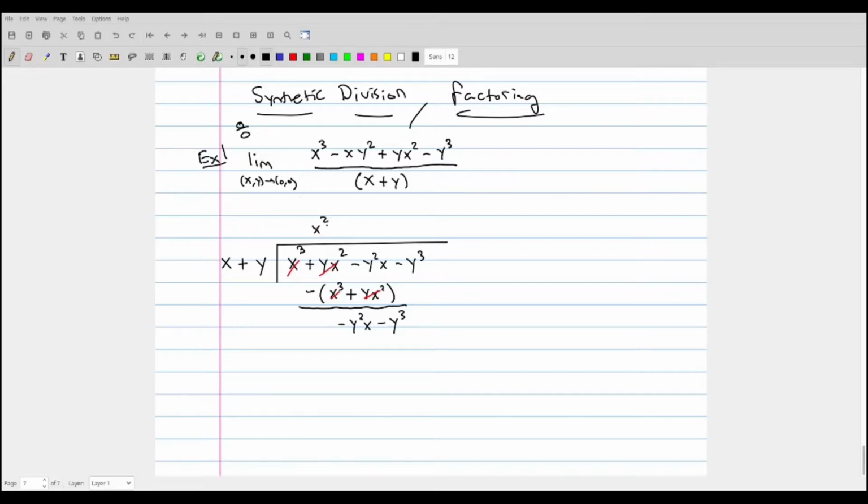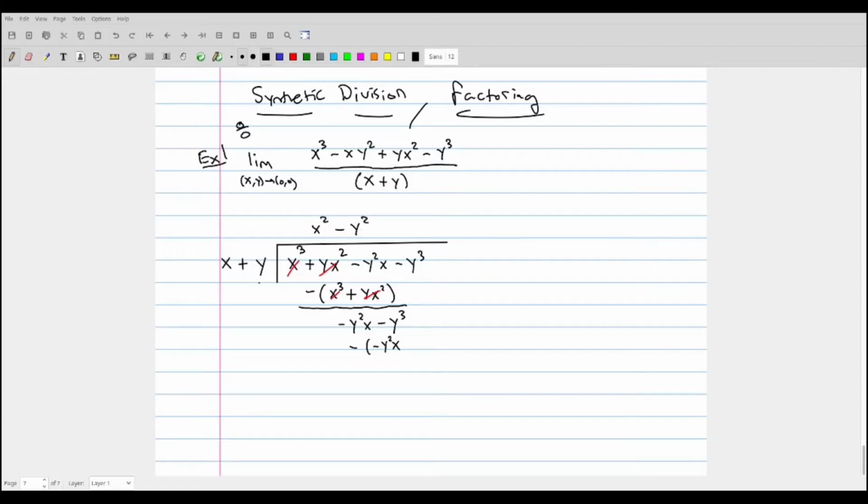So again, we want to do the next highest order. So we have to figure out what we have to multiply this by to get rid of this x term right here, this negative y squared x. That's going to be exactly multiplying by this negative y squared. Because when I multiply by negative y squared, I get negative y squared times x.